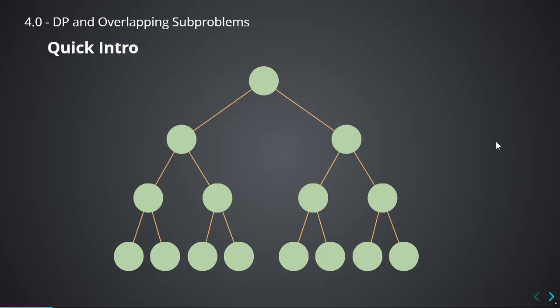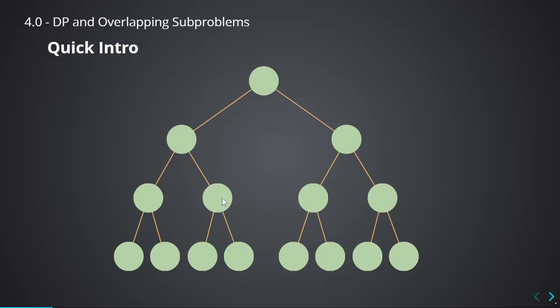So some problems will have subproblems that overlap. What do I mean by overlap? Well, suppose you're at the top of the tree here, at the root, right? That's your original problem. And then you can break it down into two smaller subproblems, going to the left and going to the right. What if I break this down further and I have the subproblems, let's say this one here on the right.